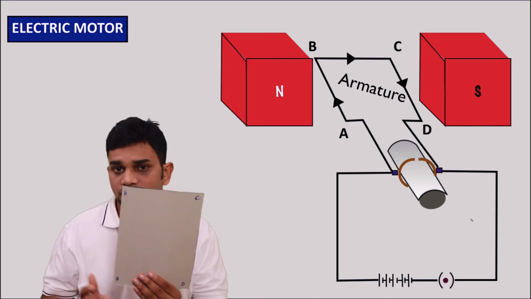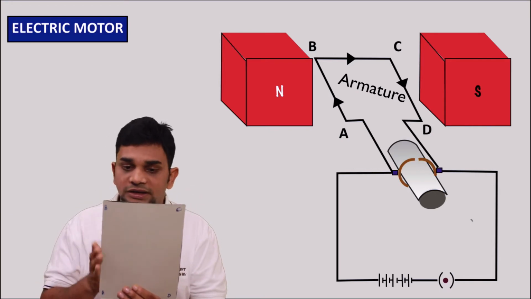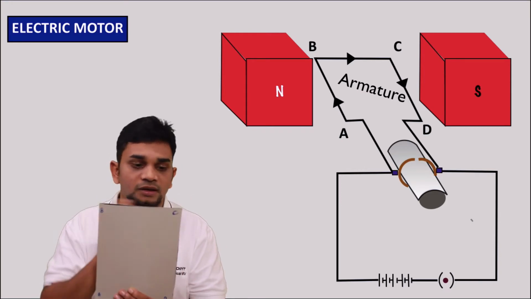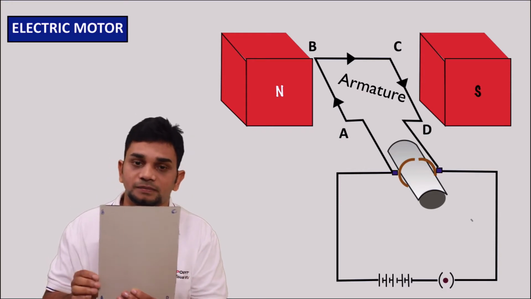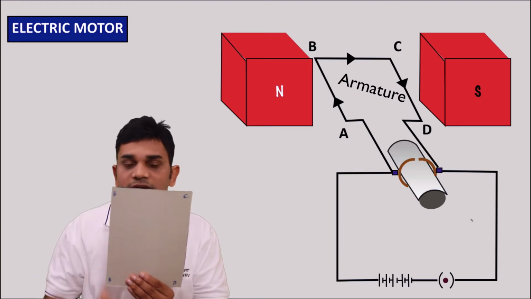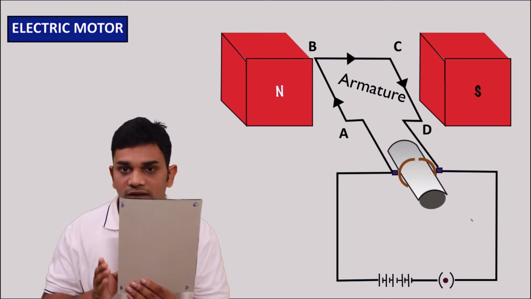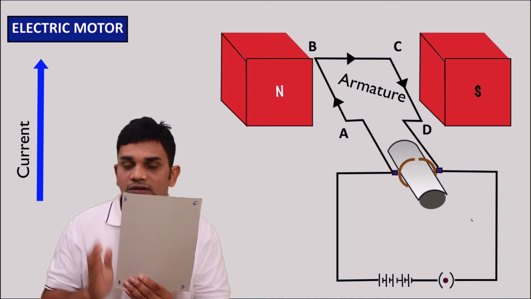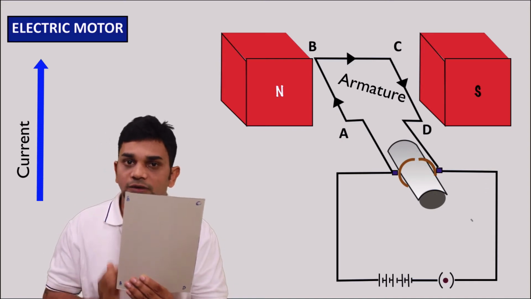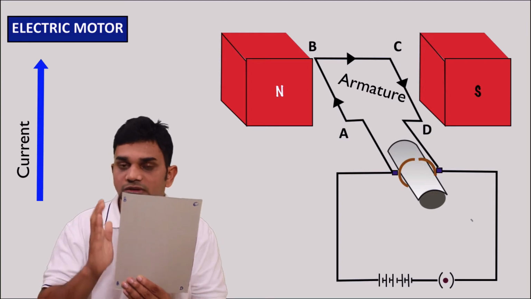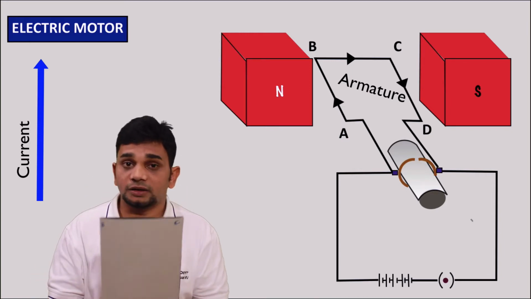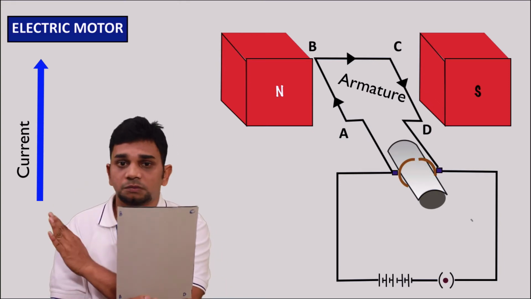Now we are going to observe the direction of force in each side. First we are going to observe the direction of force at this side AB and this side CD. At this side, what is the direction of current? At this side, the current is flowing from A to B. Okay. So we are going to apply Fleming's left hand rule to find the direction of force at this side AB. What is the direction of magnetic field? Magnetic field is from North Pole to South Pole.